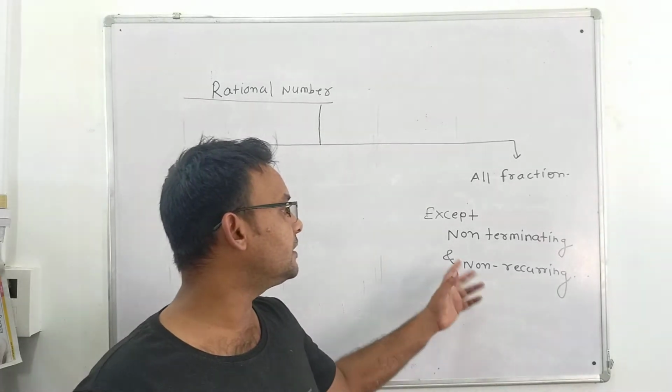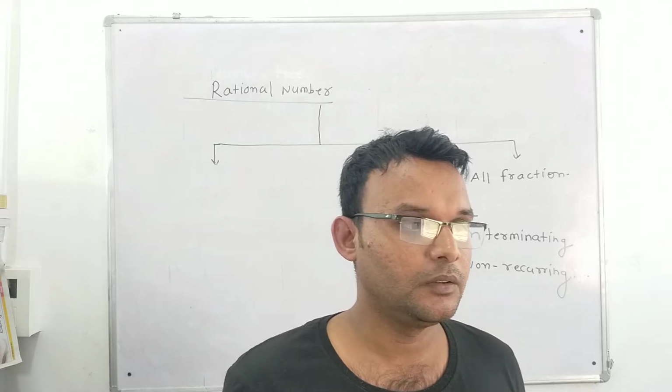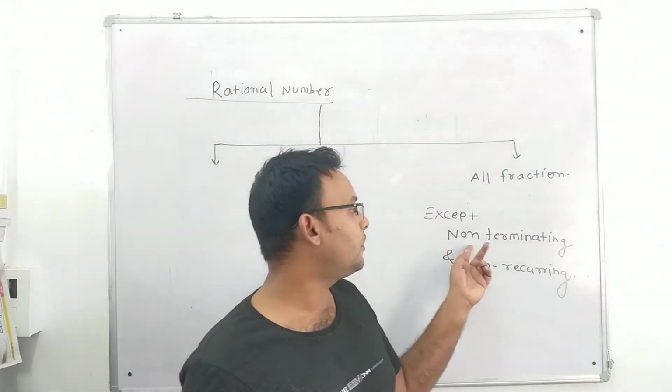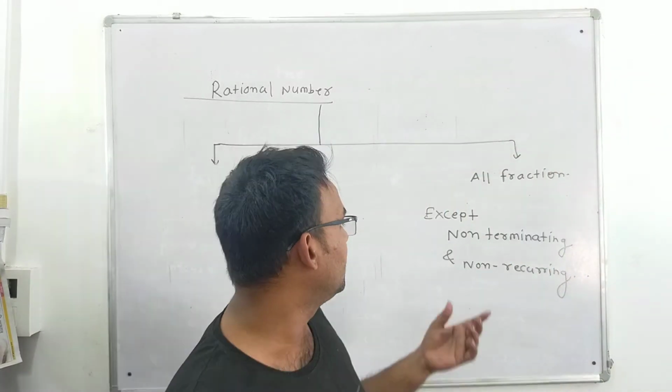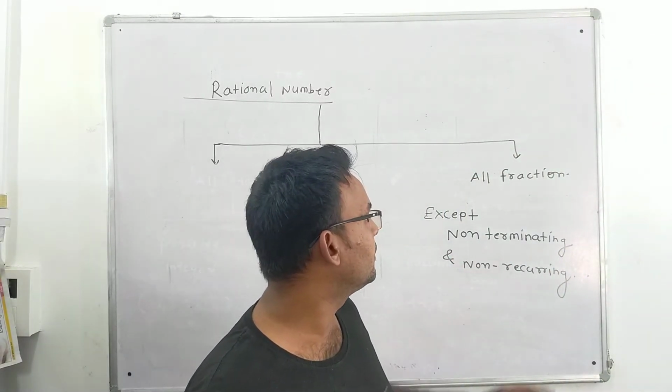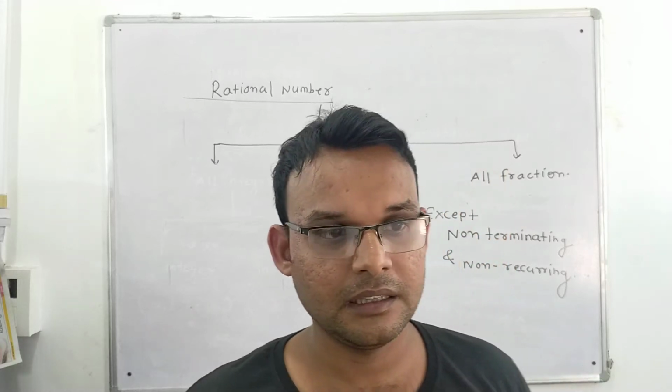Therefore this is the definition of irrational number. Except such fractions, all the fractions are rational numbers.